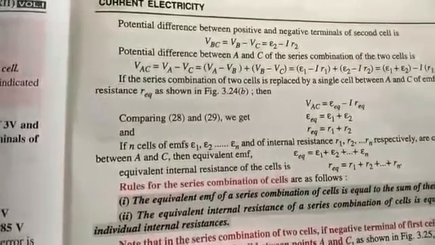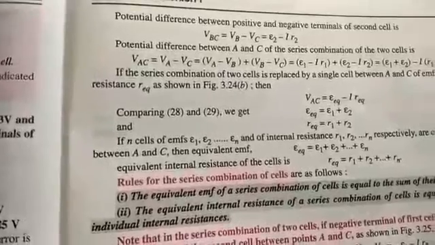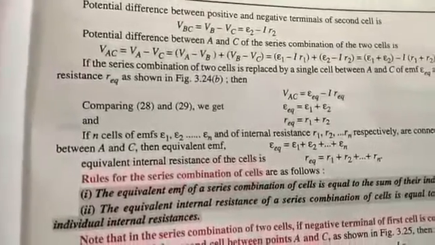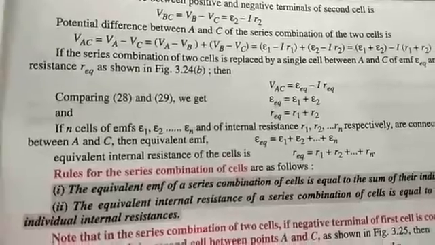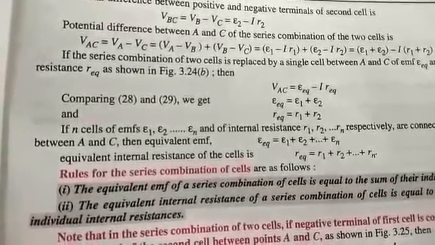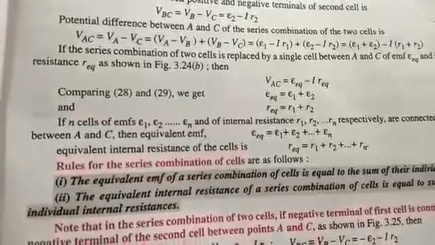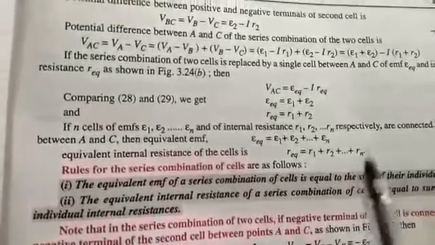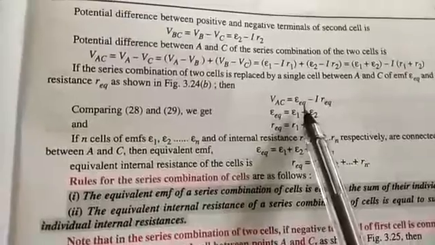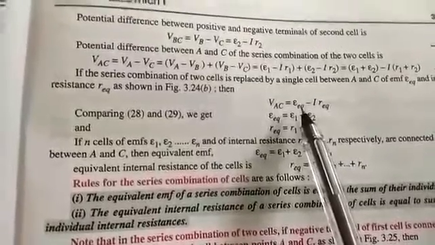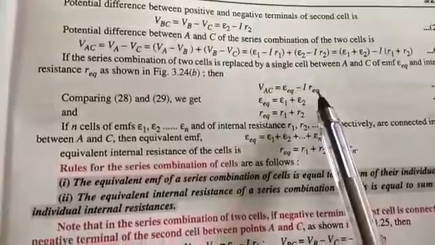If we want to find the potential difference between A and C, VA minus VC, we add both these equations and come to this expression. If between A and C there is only a single cell, then the EMF between A and C is VAC. E equivalent is the equivalent EMF of both the cells, and R equivalent is the equivalent internal resistance of both the cells.